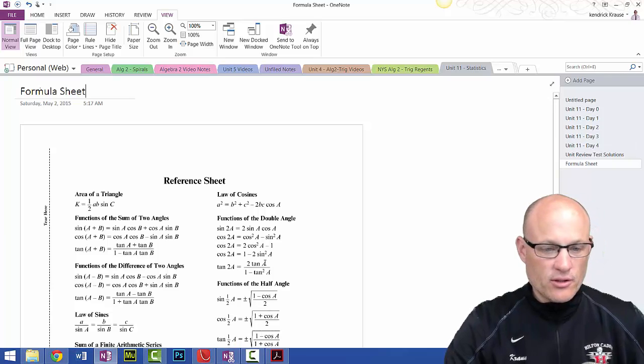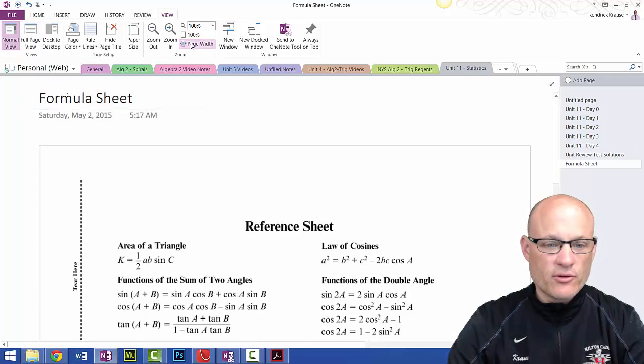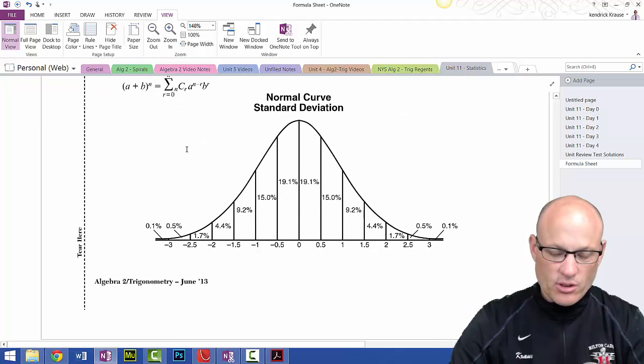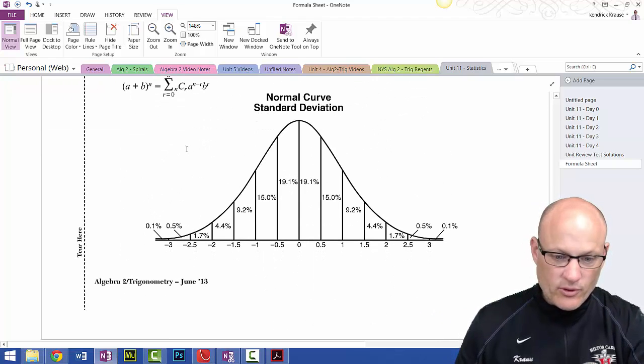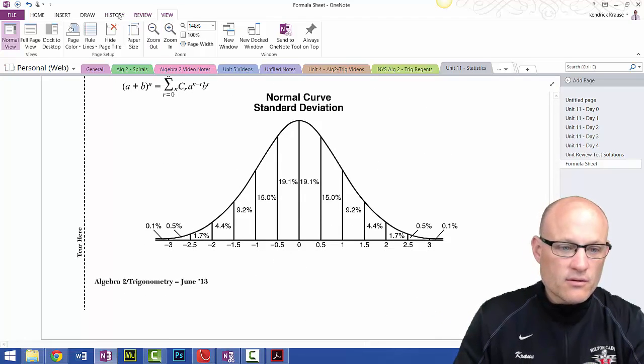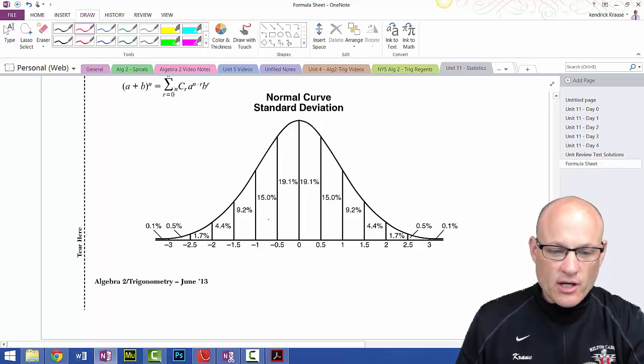Alright, so there's my formula sheet. We'll get page width. What I actually did was, now that I can hopefully draw on this, I went one standard deviation to the left, one standard deviation to the right. Remember, these are only half standard deviations.